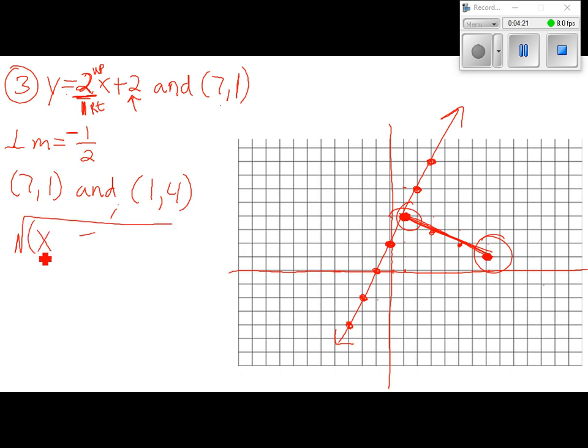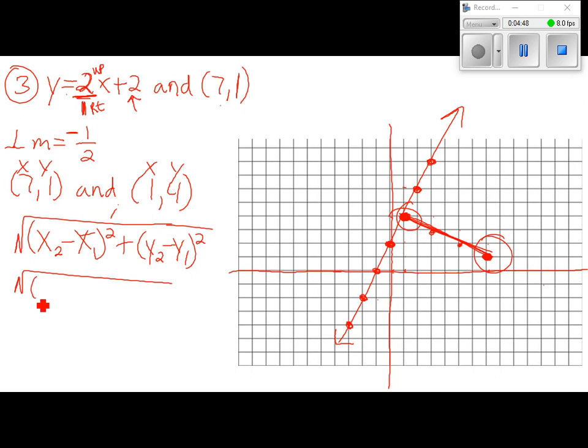Then the distance formula. Remember the distance formula is the square root of x sub 2 minus x sub 1 squared plus y sub 2 minus y sub 1 squared. This is an x, that's a y, that's an x, that's a y. And we just plug those in.